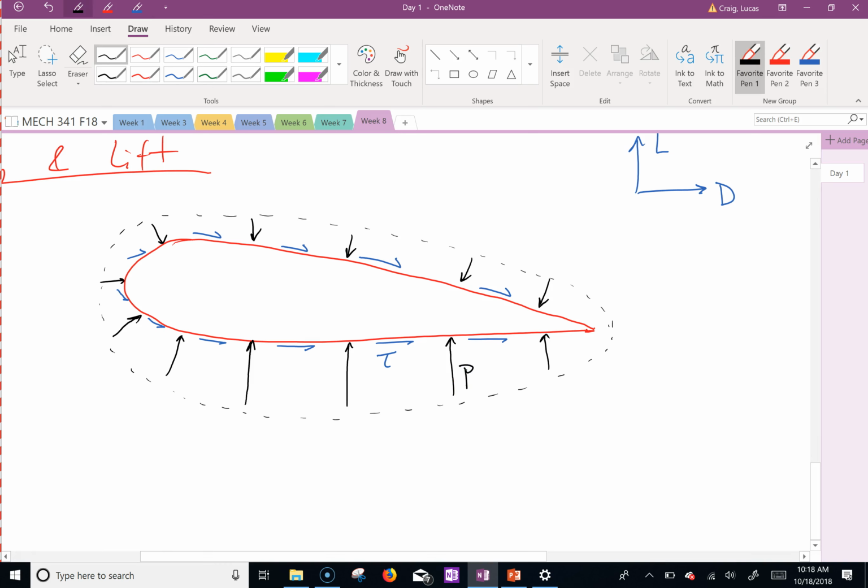So the black lines are pressure, and the parallel ones are shear, which you kind of know from strengths or machine design, right? But those are for solids. This is for fluid now. You still get shear forces and you still get pressure forces.